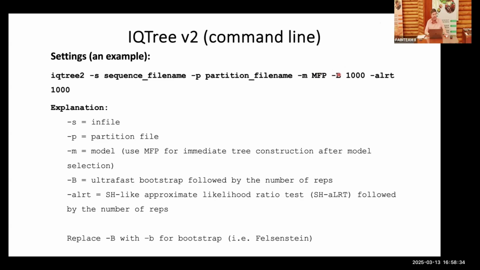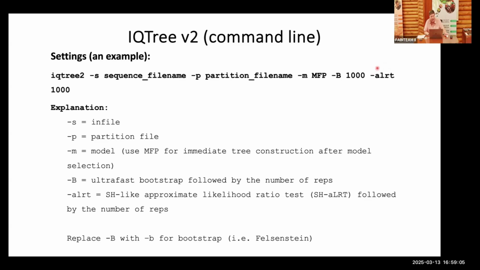-B, uppercase, is an ultrafast bootstrap, and I don't think we will have time to discuss this. So that will be a nice topic for the next session. And this is the reps, 1,000. When you do ultrafast bootstrap analysis, you must complement it with the approximate likelihood ratio test. There is the one that I talked about, the SH-aLRT.